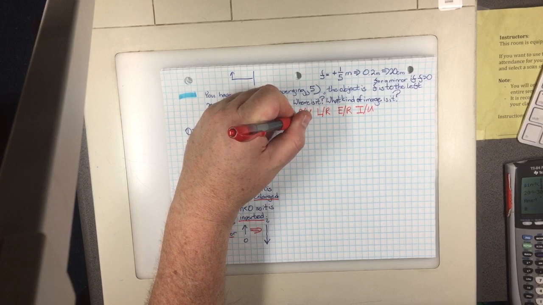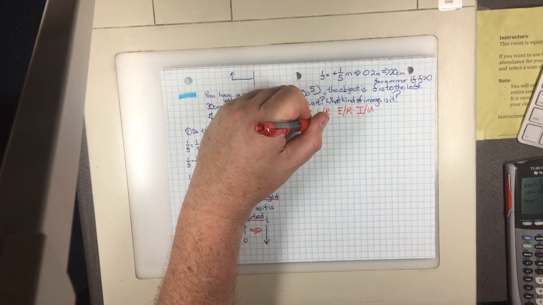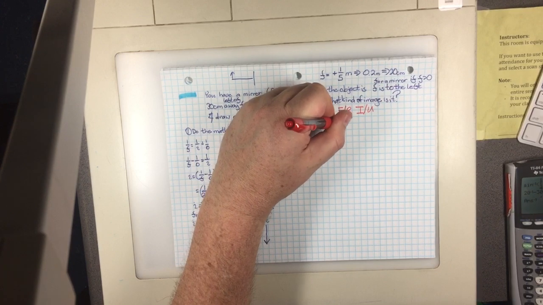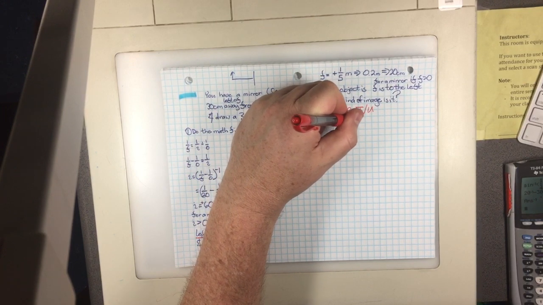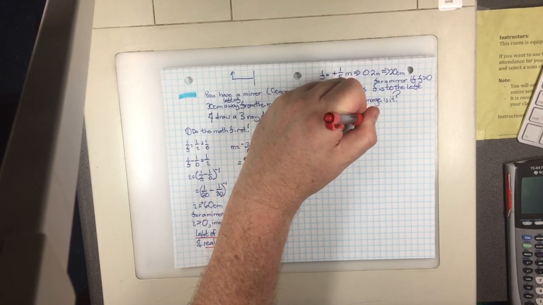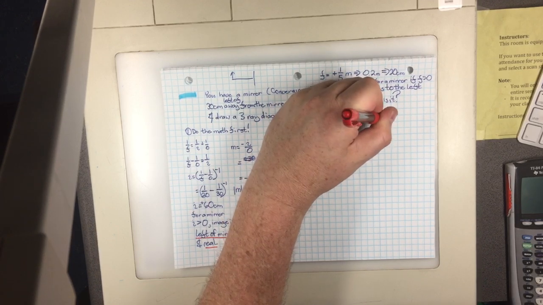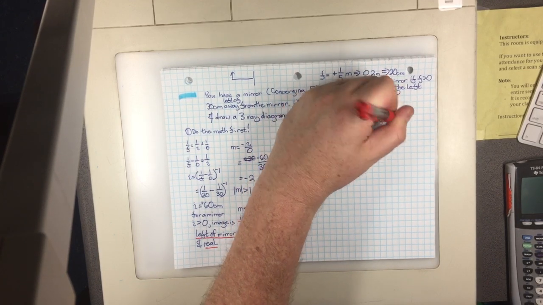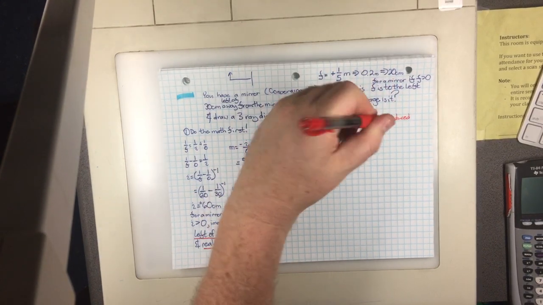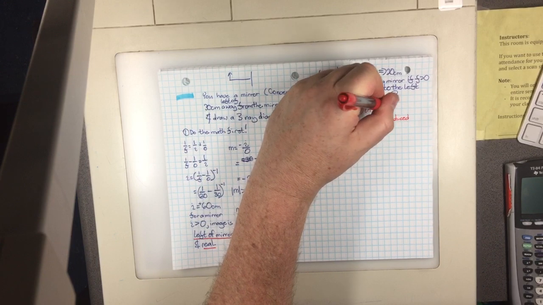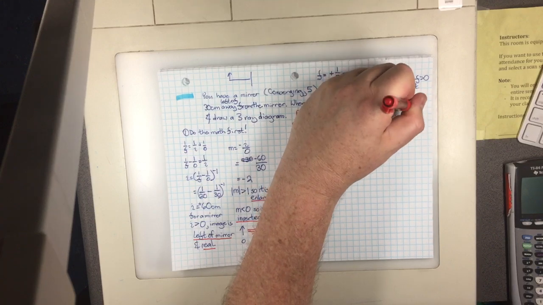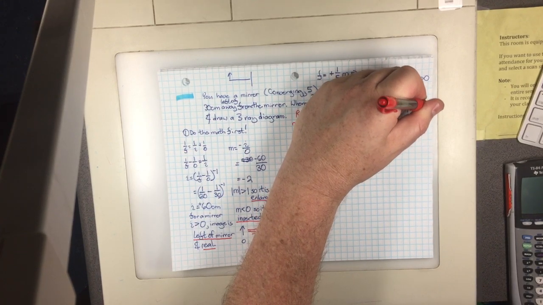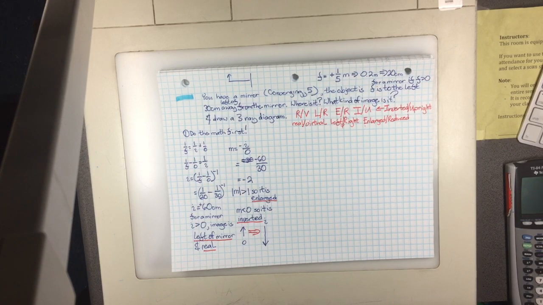So real, virtual, left, right, enlarged, reduced, inverted, or upright. Those are the facts of the image.